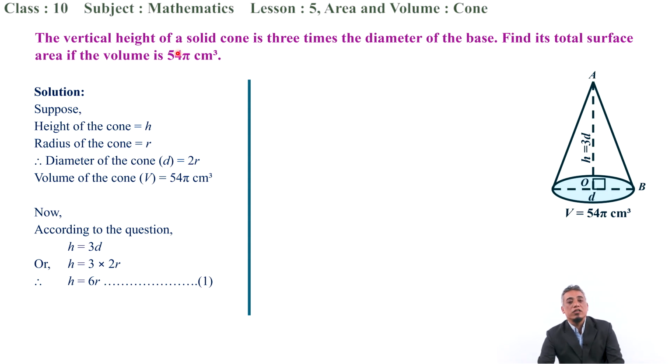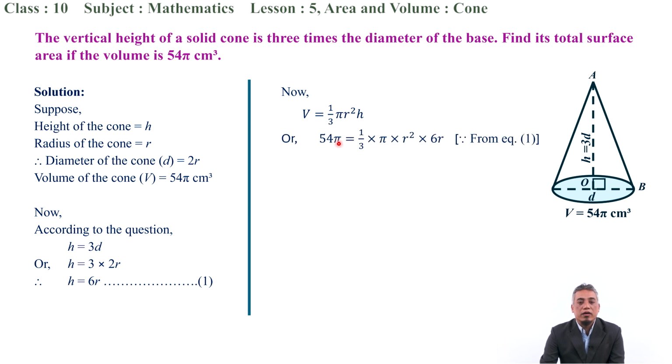And how to use this information? We have to use the same volume formula. Don't think that we don't have to find volume so why use the formula. We are going to use the value of volume in that same volume formula. Okay. So this is the formula for volume, and on the V side we keep 54 pi, and the others we just copied.